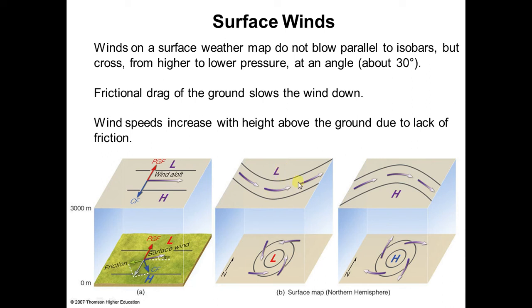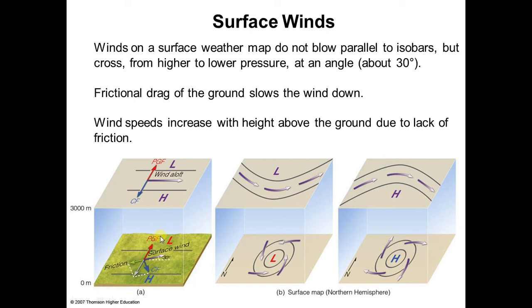A gradient wind blows around this ridge of high pressure. Notice, no matter if the contour lines on an upper level weather map are straight or curved, the winds still blow parallel to the contour lines. And the way to know which direction they blow is to remember that lower pressure needs to be on the left of the direction of motion, higher pressure on the right.